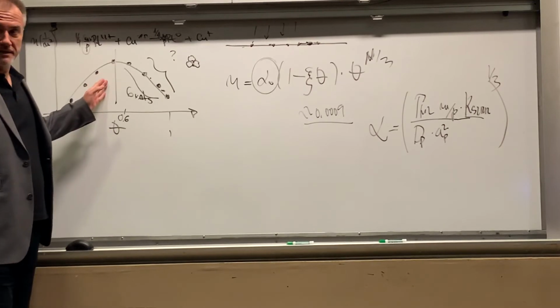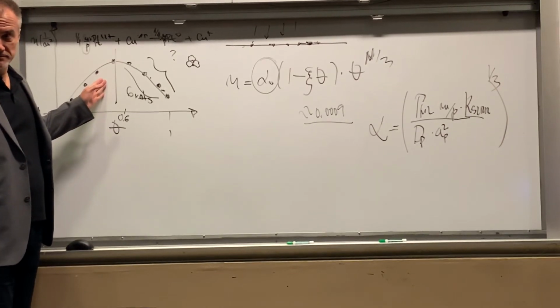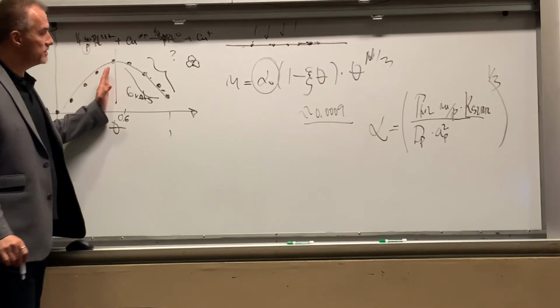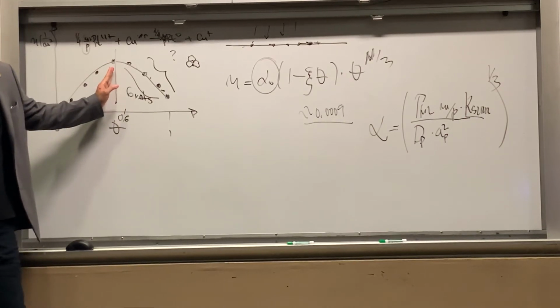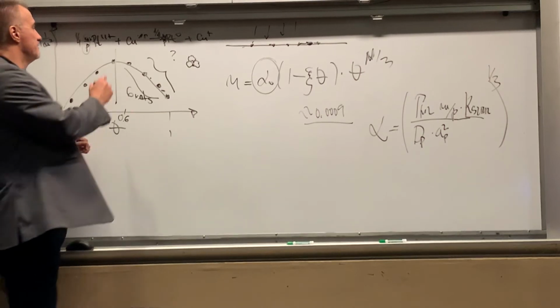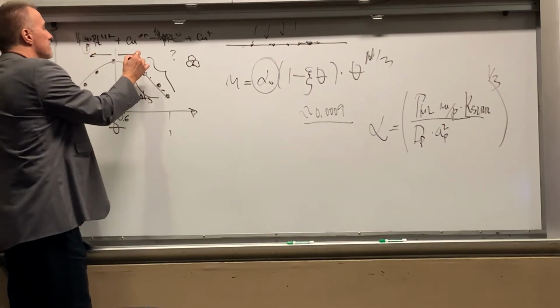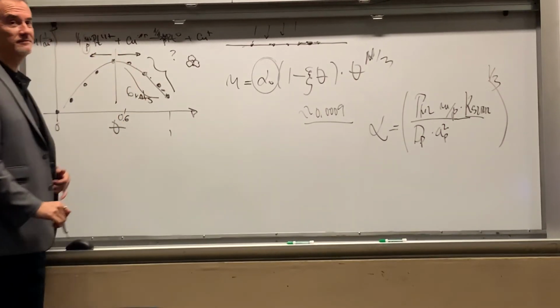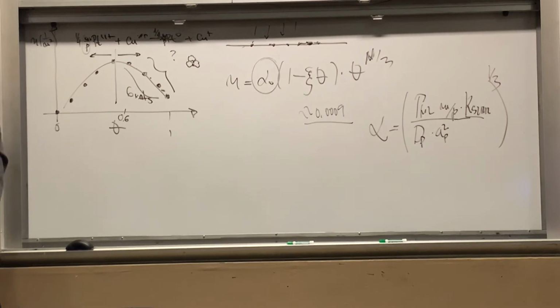If the n is bigger, what happens with the maximum? My electrical engineers, which way does it shift? This way or this way? Okay, let me ask you this.